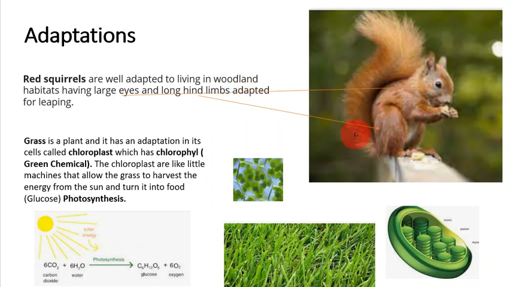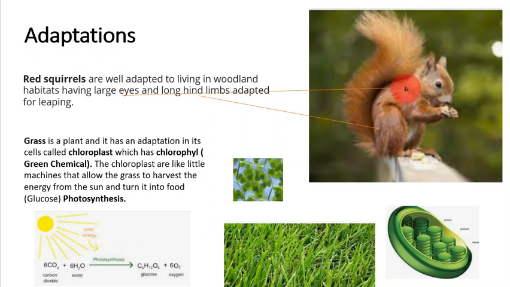These are two specific adaptations that a red squirrel has, and those adaptations enable it to live very comfortably within its natural woodland habitat. They're suited to that particular environment, so that enables them to get food and to survive within the habitat. So that's an example of an adaptation.